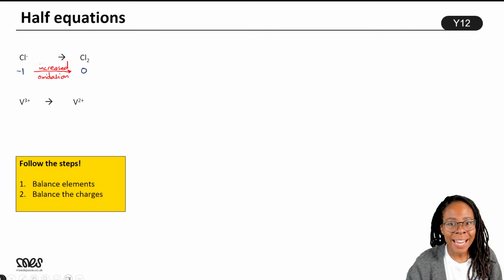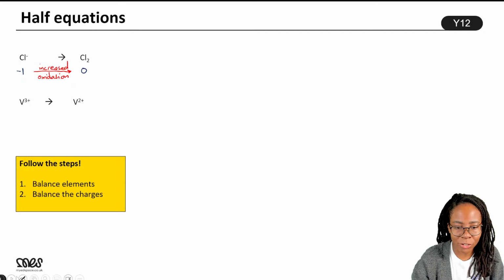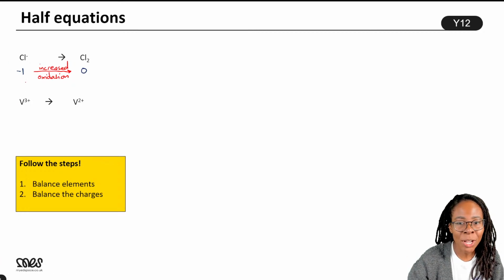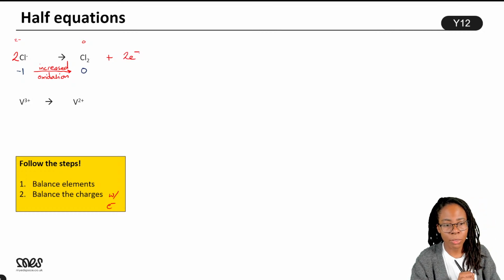Great. Now, actually balancing this half equation is going to show us how the electrons have been lost, because it's oxidation. So first, Chinwendu, you're way ahead of us. You're absolutely right. We want to start by balancing our species, our elements. So we need 2 Cl minuses, and then we can balance the charges with our electrons. We currently have a charge of 2 minus on the left, a charge of 0 on the right, so that must be 2 electrons on the right-hand side.